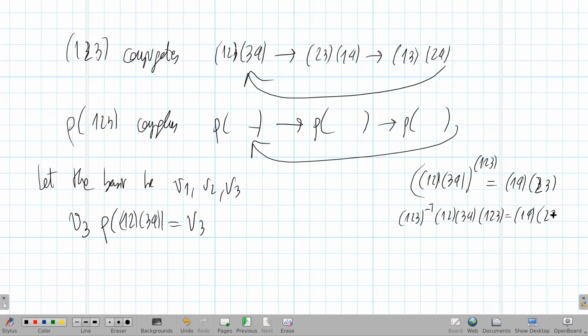This is the conjugate. But then you can move this to the other side. So you have (1 2 3 4)(1 2 3) equals (1 2 3) times (1 4 2 3). Okay? And of course, if this holds for the elements, it goes also when you apply rho. I'm skipping the double parentheses here.